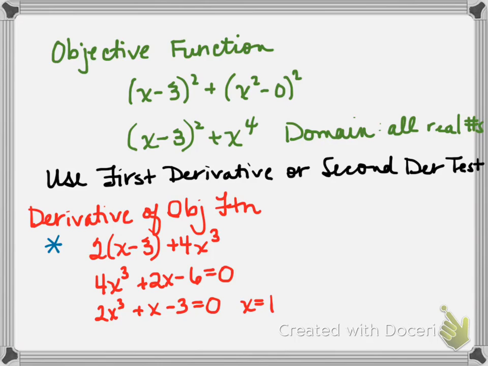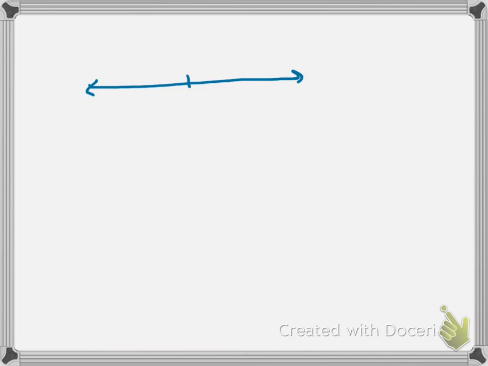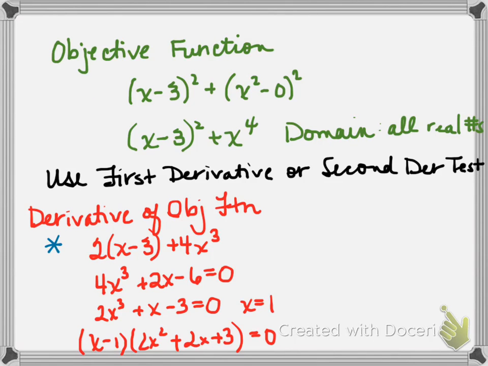Since x equals 1 is a solution, we can factor x minus 1 out of the left-hand side, and in fact it factors as (x minus 1) times (2x squared plus 2x plus 3) equals 0. So this second factor, 2x squared plus 2x plus 3, doesn't give us any other zeros, so x equals 1 is our only critical value.